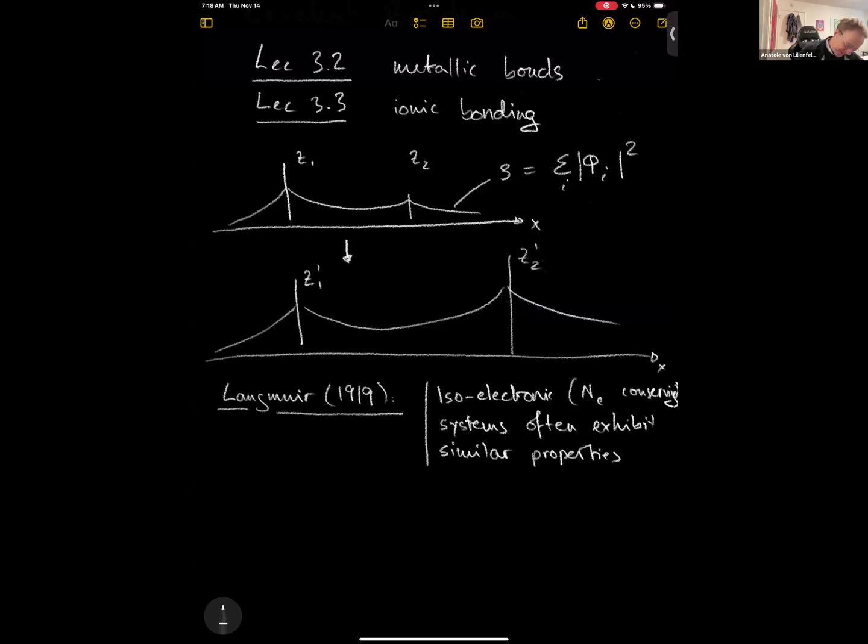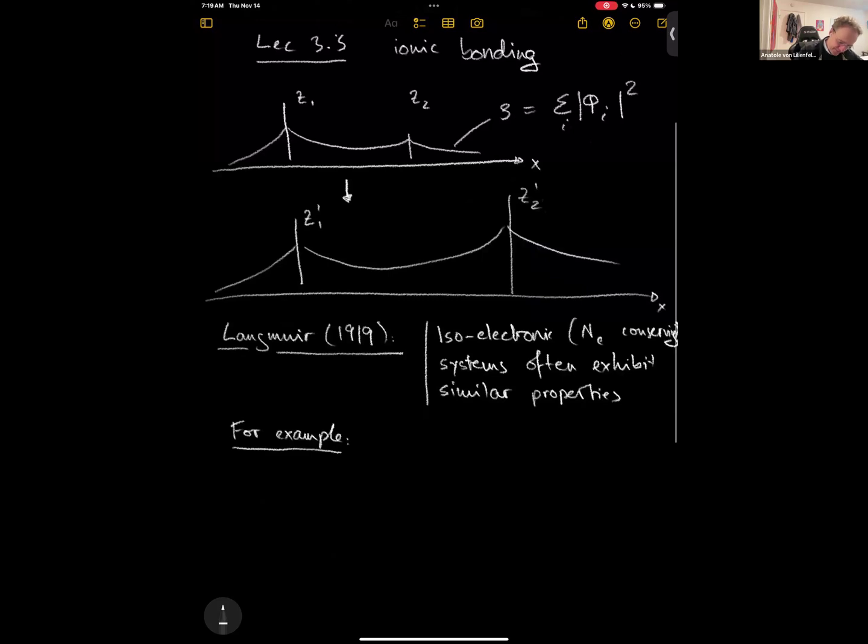And just as an example, let's consider two pairs of isoelectronic compounds, namely the CO molecule and the N2 molecule, as well as the CO2 molecule and the N2O molecule. Now, these two pairs of compounds are isoelectronic.